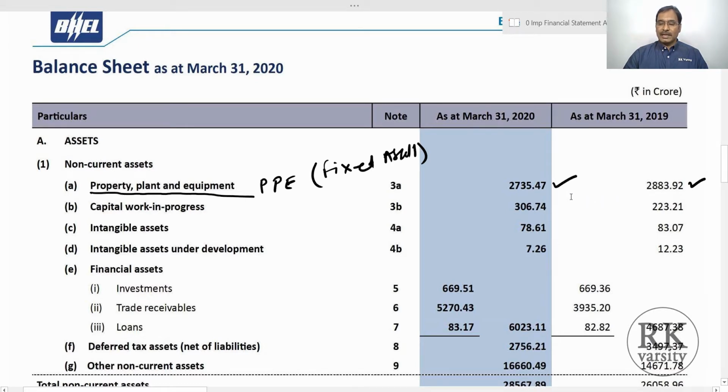You can make an average and calculate, or we could do it individually. If you take an average value, then you will not be able to calculate for 2019 because 2018 financial data is not available. That is the reason why I prefer using each year's property, plant and equipment as a denominator instead of taking an average one.